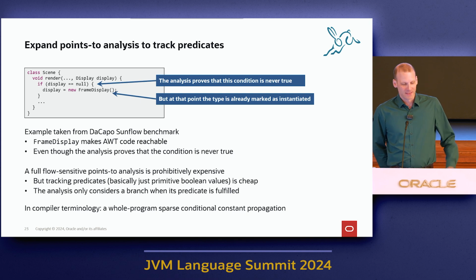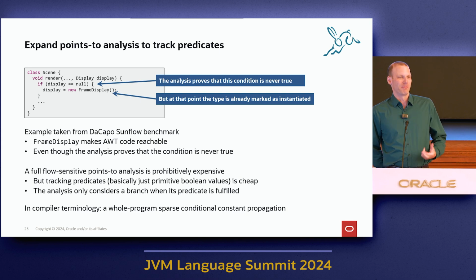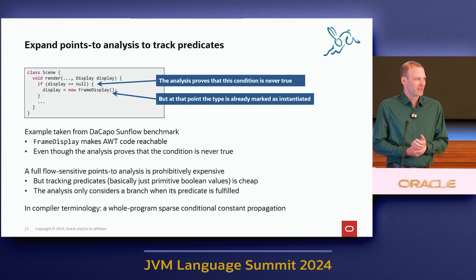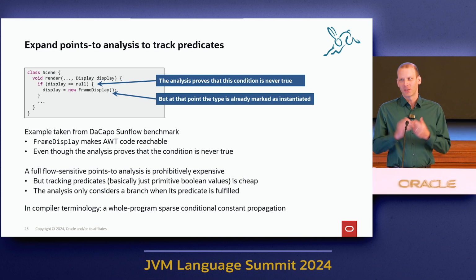And that's, in this benchmark, the only place where the whole AWT implementation gets reachable. So if you cut out this one line, the number of reachable methods goes down to about half, because it cuts out the whole AWT and Swing implementation and proves that it's no longer reachable.